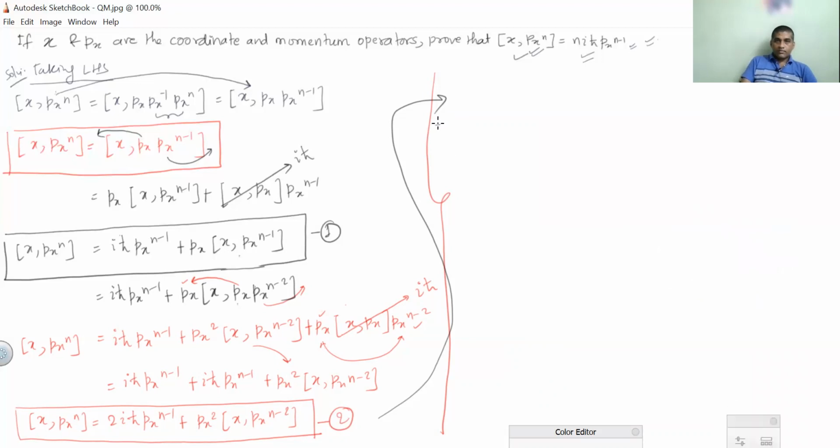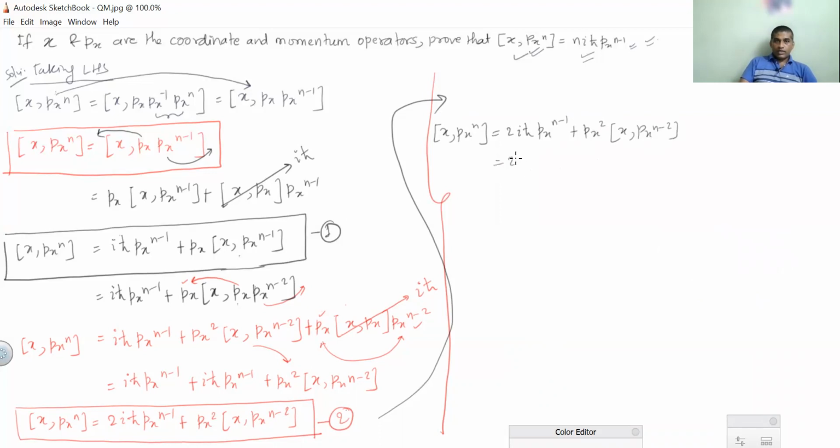Now we have this commutation of x px power n equals, I'm rewriting this equation 2 over here. 2iħ px power n minus 1 plus px square, and we have commutation x px power n minus 2.